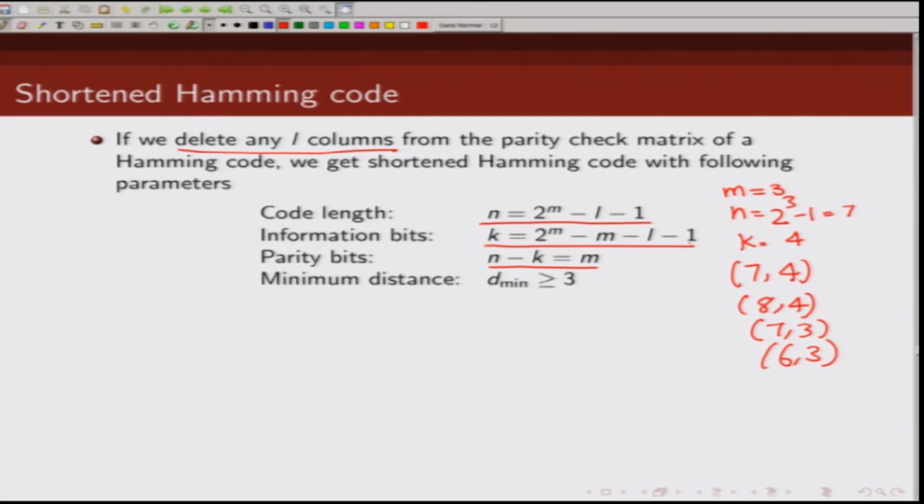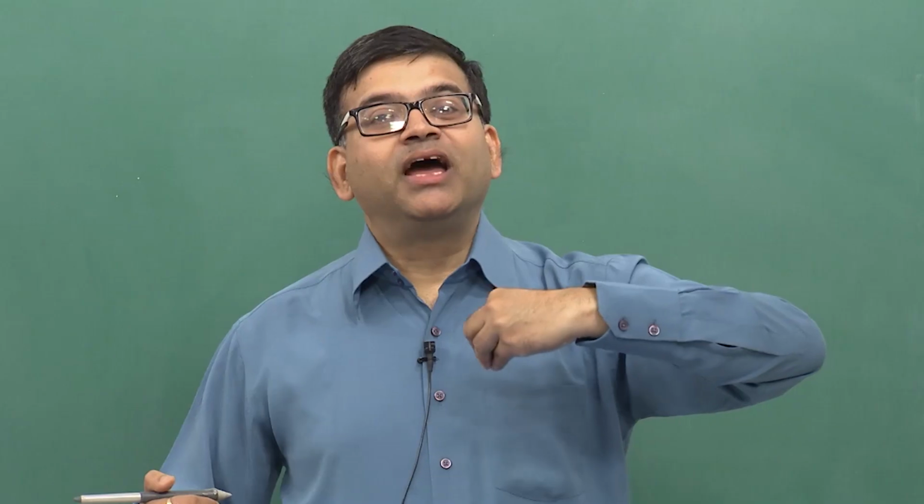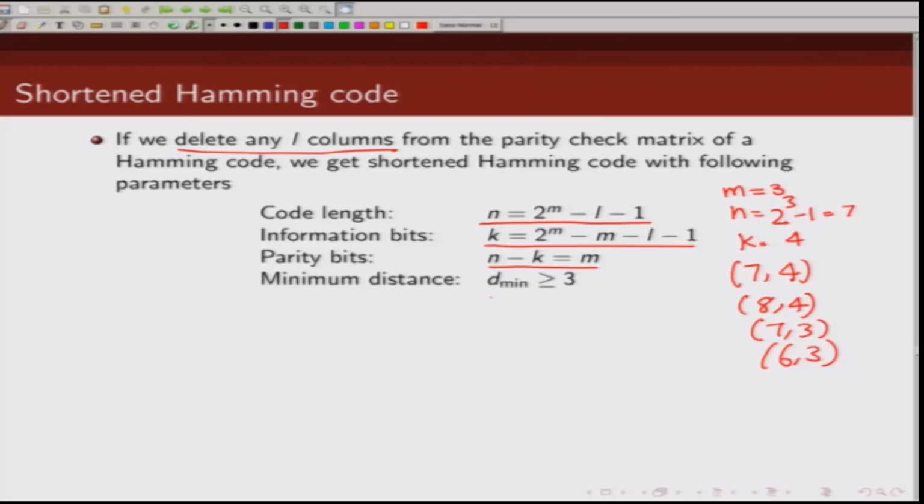Now, the minimum distance of a Hamming code is 3. If I am deleting some columns, then the minimum distance cannot be less than what was the original minimum distance of the code. Why? Because you can see, if I have a parity check matrix here, and let us say I have these columns, and let us call them A1, A2, ..., AN.